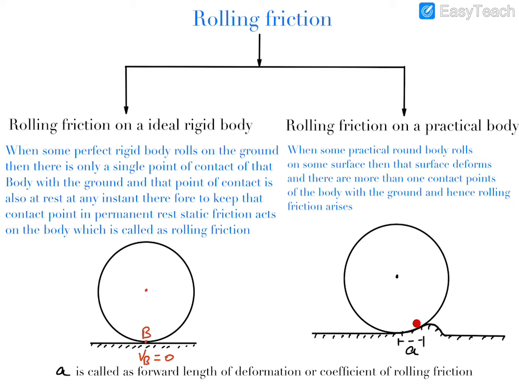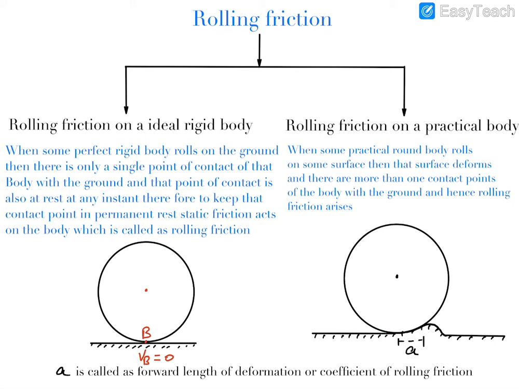So this surface tends to rotate this body in the reverse sense. It does not allow this body to move forward, and opposes that forward motion. This opposition offered by the deformed surface is known as rolling friction. This distance is known as the coefficient of rolling friction or forward length of deformation.